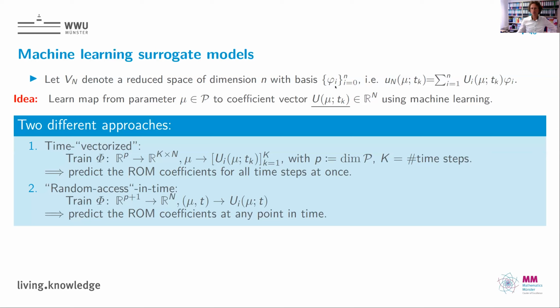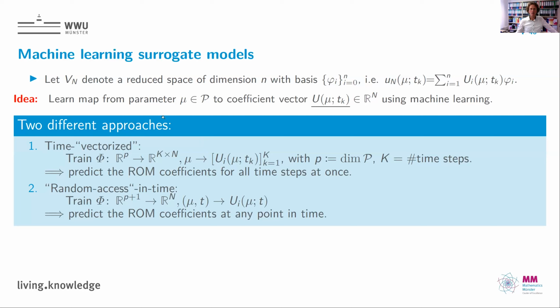So these are now the reduced bases with which I span my reduced space. And the solution is then defined by giving the time-dependent coefficients with respect to this reduced basis. So this is something that we want to compute, and the classical way is to do Galerkin projection methods and time iteration of a reduced system in order to get these coefficients.